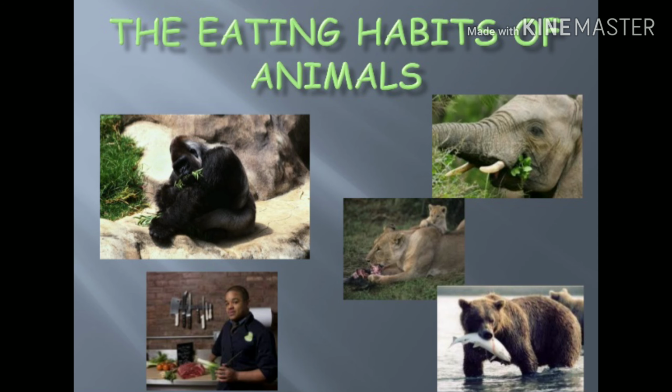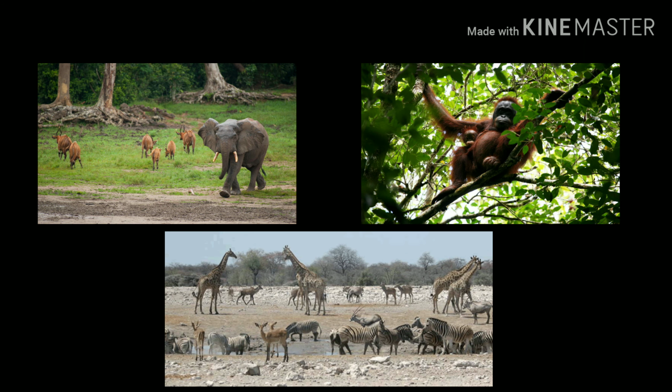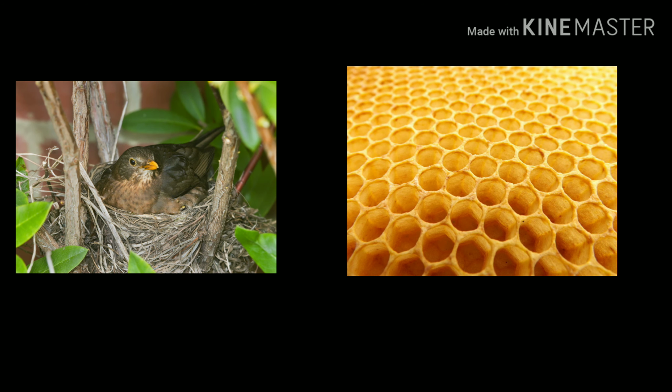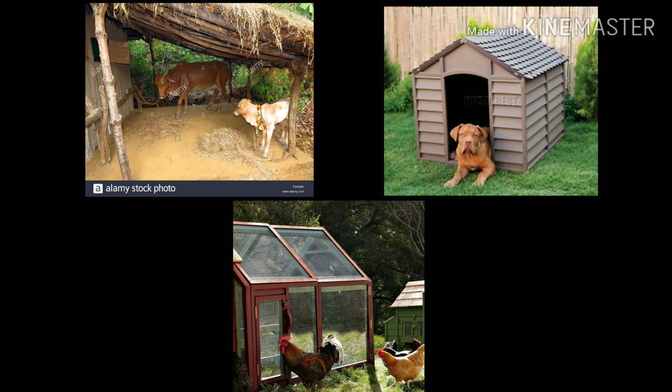Animals live in different kinds of shelter. Some animals live in a natural shelter, for example, forest, tree, water, etc., whereas some animals build their own shelter, for example, birds build their nests and honeybees build honeycomb. Also, man builds shelter for the animals that he tames.